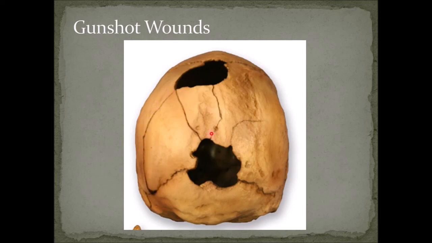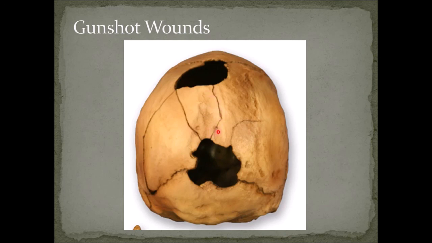Well, on top of this radiating fracture coming up here, we have this pellet wound. That means this fracture was from the first shots that hit. This one, a microsecond later, hit and put a little nick on top of that radiating fracture.